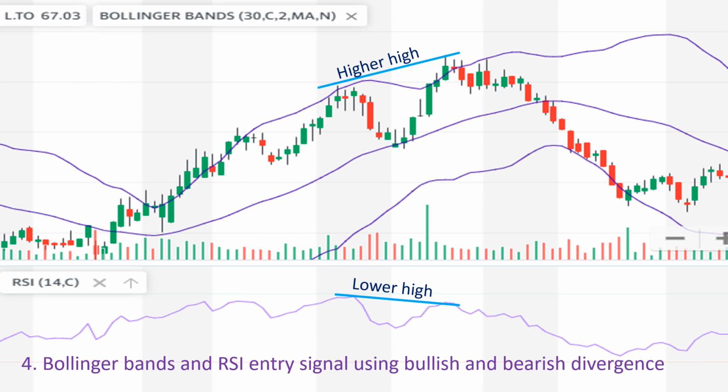That means this is lower than here. So to exit the trade, you see that this is lower than here, and then after that you see that RSI is going downward. You see it's going downward all the way. So in order to exit the trade, it's very simple.